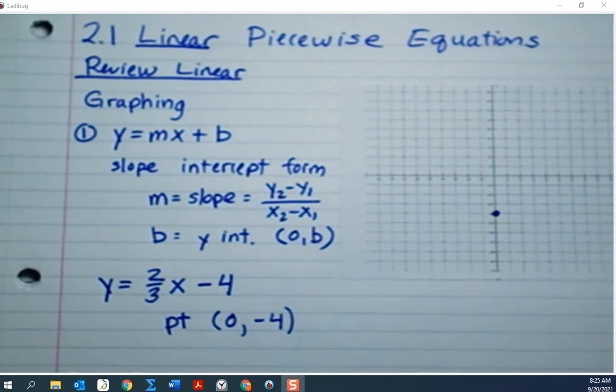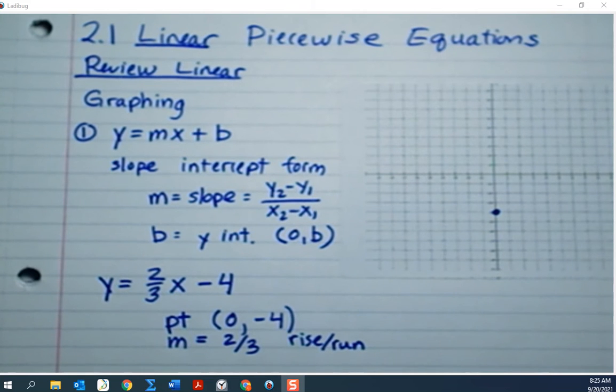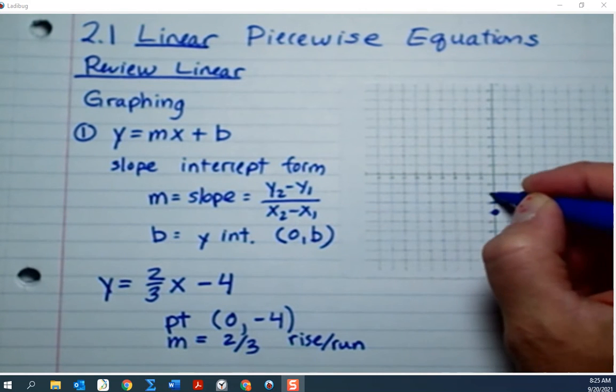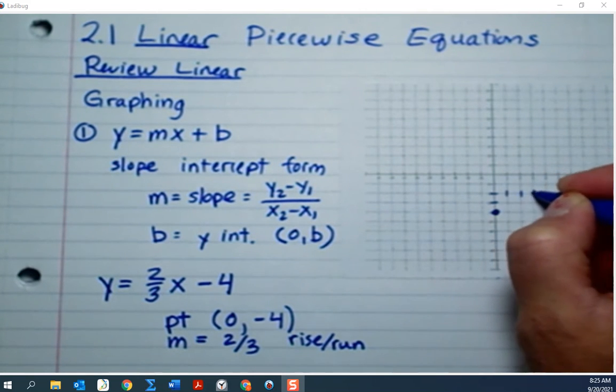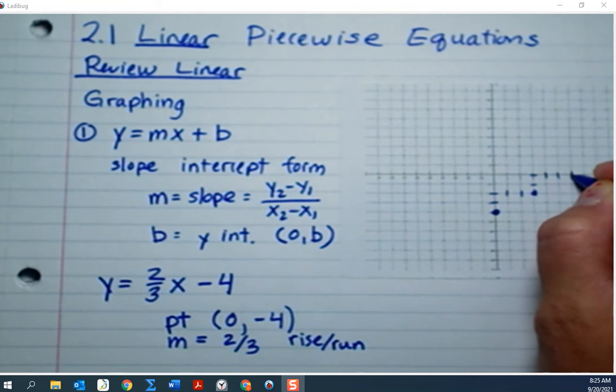So you're going to put that point on the graph. And then your slope is 2/3. That is rise over run. And it's positive. That means these are both positive. Plus 2, plus 3. So 1, 2, 1, 2, 3.